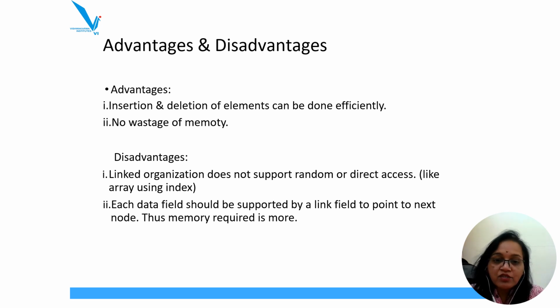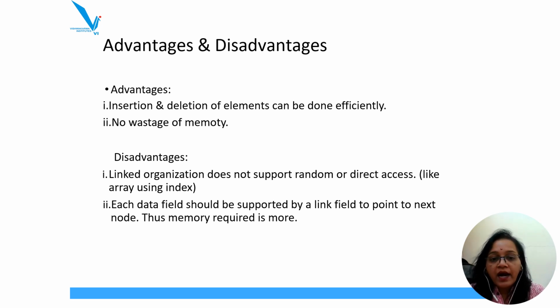But this is not possible in the case of a linked list. Suppose you have a linked list of 100 elements and you want to search for the 98th element. You have to traverse from the first element up to the 98th element. Direct access or random access is not possible.